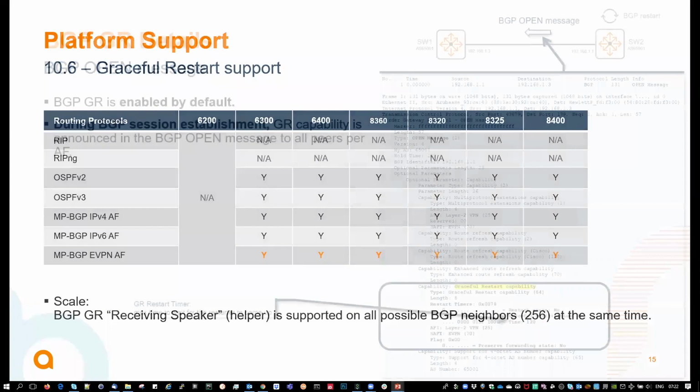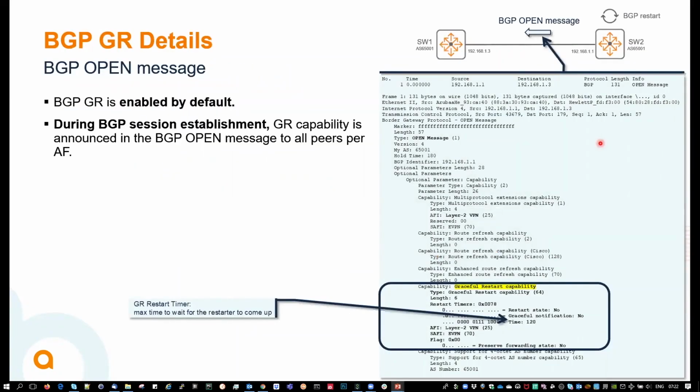Next is about details of those open messages, and how we negotiate with the peer that we have the ability to perform graceful restart. This is done during the BGP open message, where we have the capabilities optional parameters that are exchanged. Here switch 2 is sending that capability to switch 1, and inside that you see the capability restart.